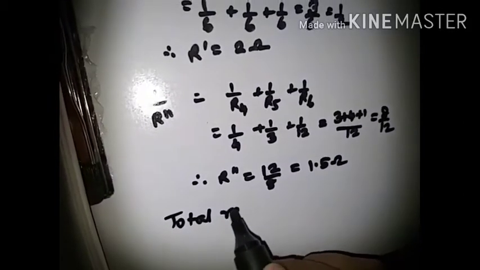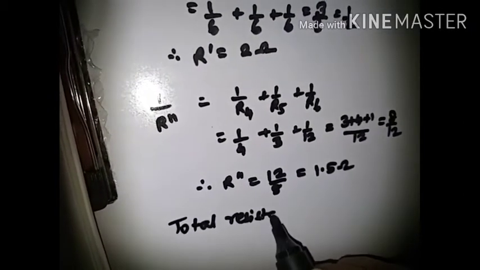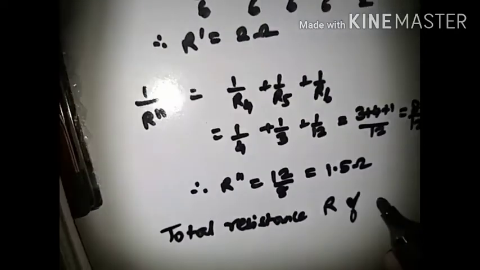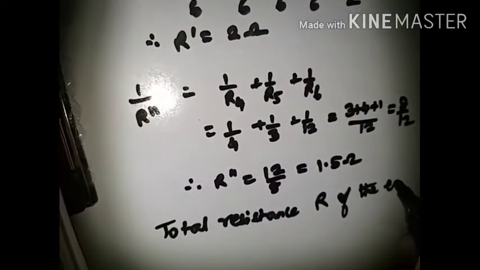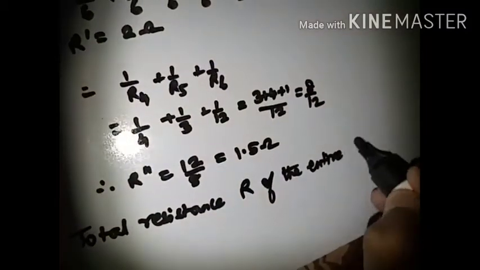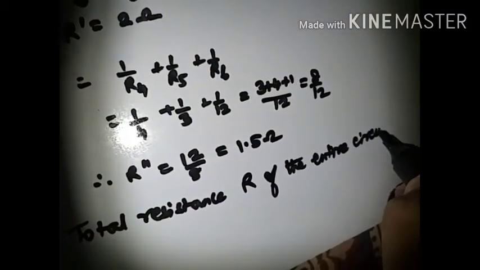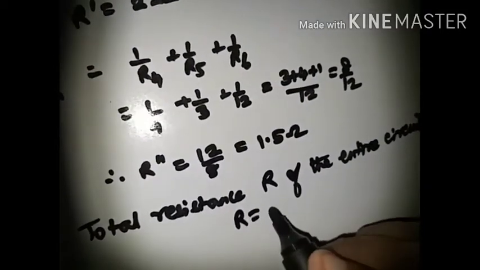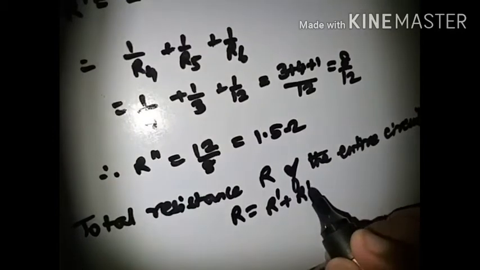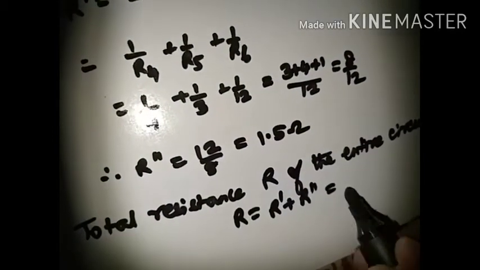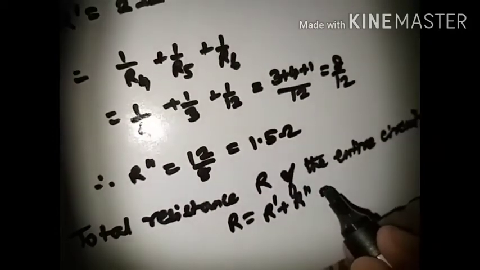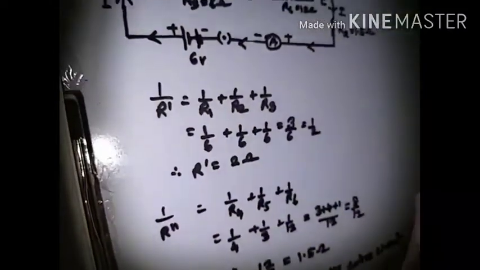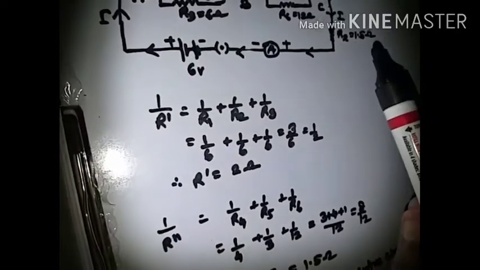to find out the total resistance, if we assume total resistance as R, total resistance R of the entire circuit, R is equal to R dash plus R double dash plus R7, because there is also R7 connected in the circuit.